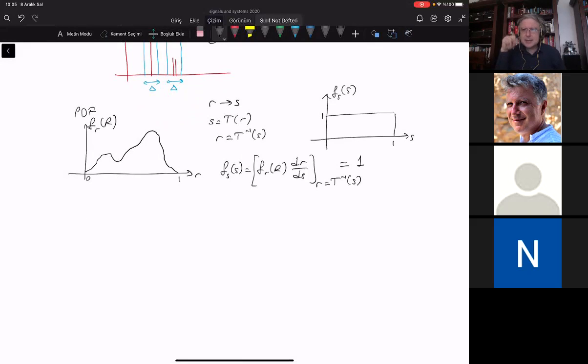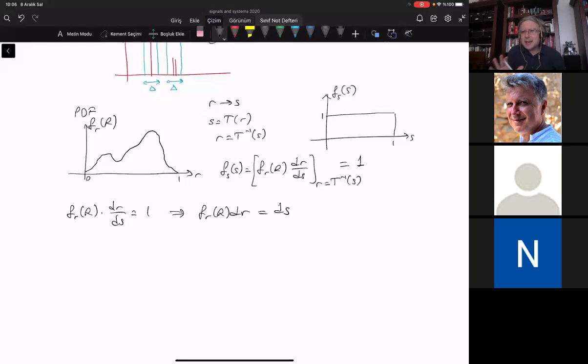We want this formula to happen, but how does it happen? Let's write it again. F_R of R times dr by ds is equal to 1, which tells me F_R dr is equal to ds.